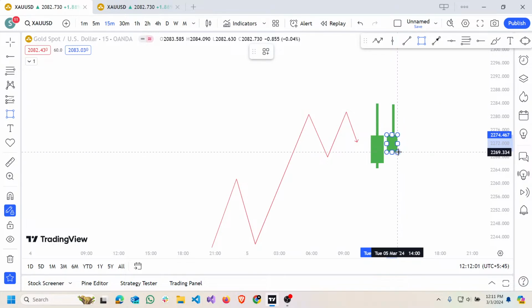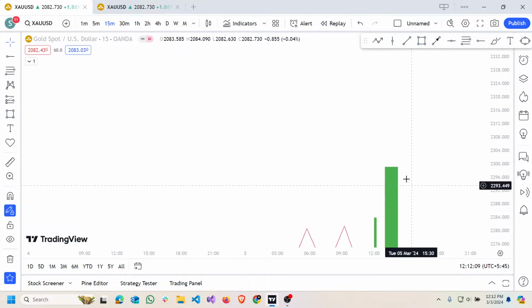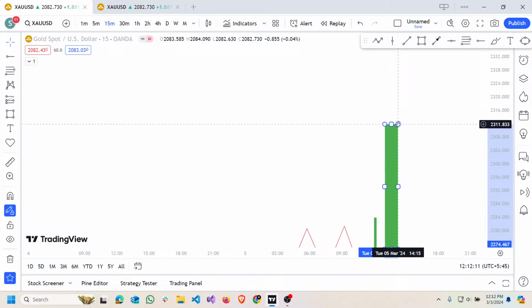It created a bottom wick, and again it started to re-break its high. And it just stood up. It was like boom, like this much.